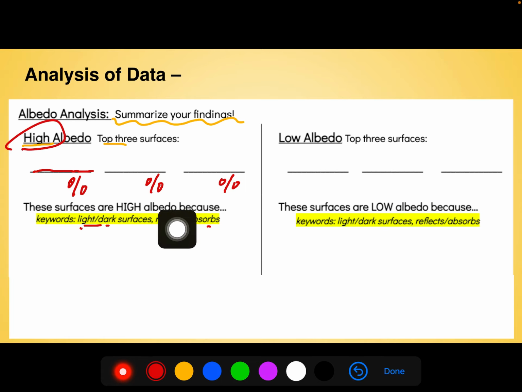So these surfaces are high albedo because, finish the sentence here using those keywords. Same thing on this side for low albedo, give the top 3 surfaces with their percentages, and then finish the statement, surfaces are low albedo because, using the keywords that fit. Your part 2 is done. Hang on to it and wait for the next step.